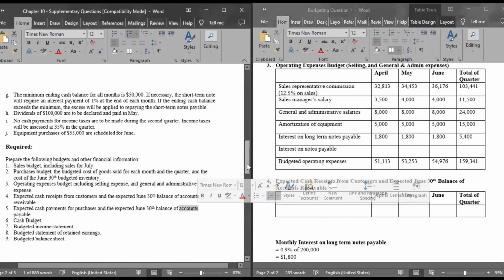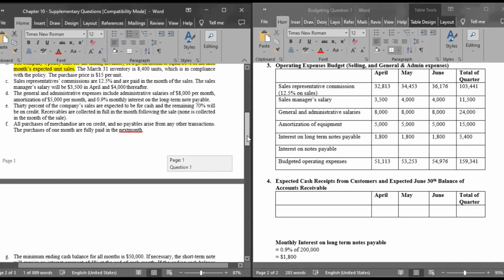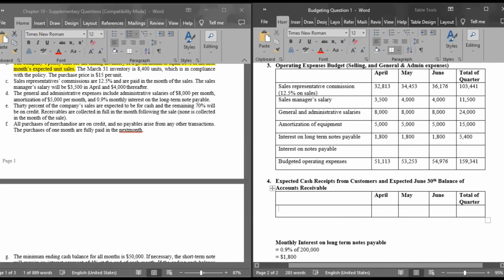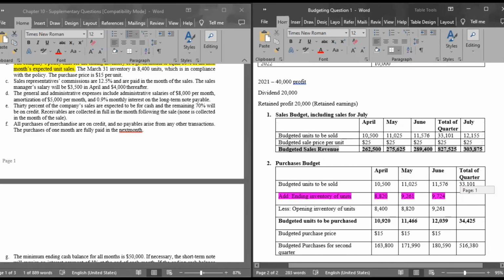The information relevant to requirement number 4 is provided in point E. What is he saying? He is saying 30% of the company's budgeted sales. He is in fact talking about budgeted sales. We have already calculated the budgeted sales for each month and quarter. You can see in the first budget, the sales budget, we calculated the budgeted sales revenue.